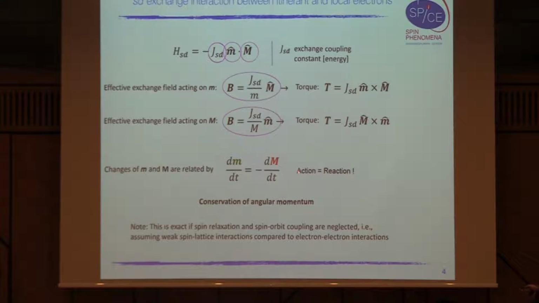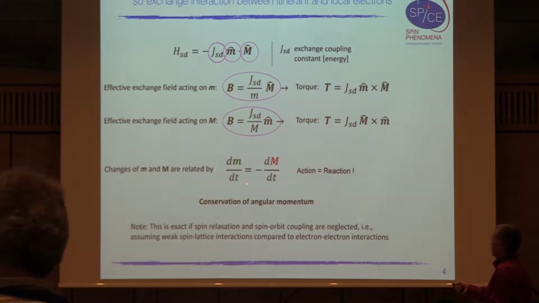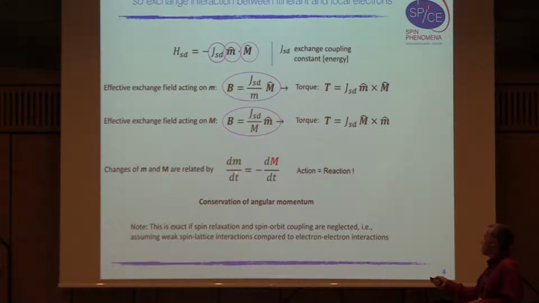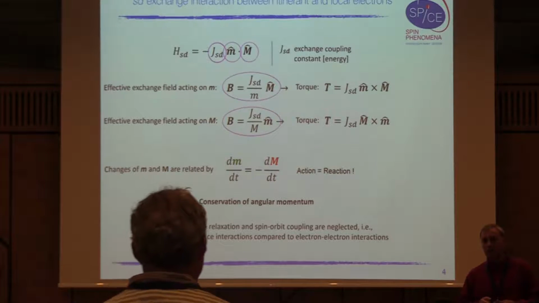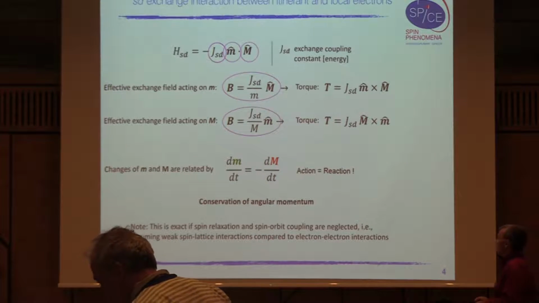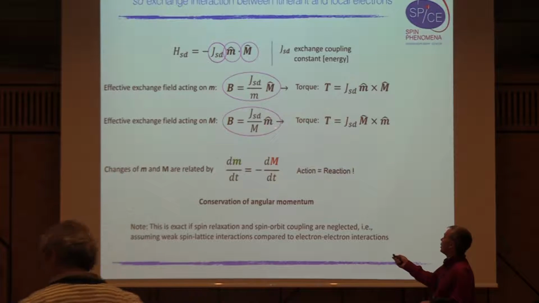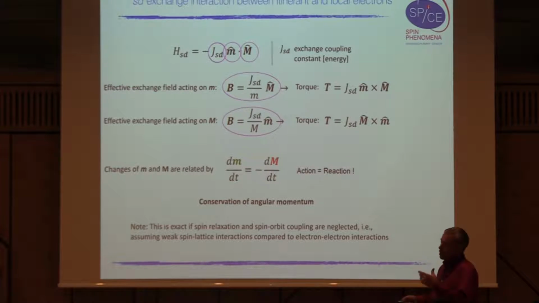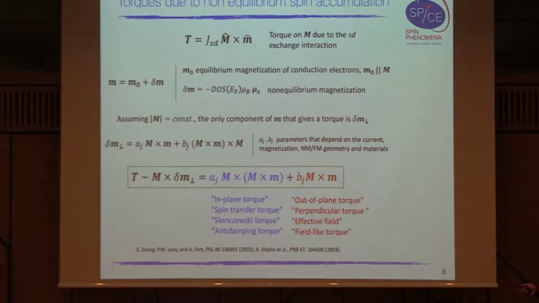But the key idea is that the timescales are very different in the relaxations of the carriers and the magnetization itself, different by orders of magnitude. And therefore, you can think of this non-equilibrium polarization that you're generating by absorbing the angular momentum from the carriers, or by other means of creating this spin accumulation, as creating a torque directly on the magnetization.